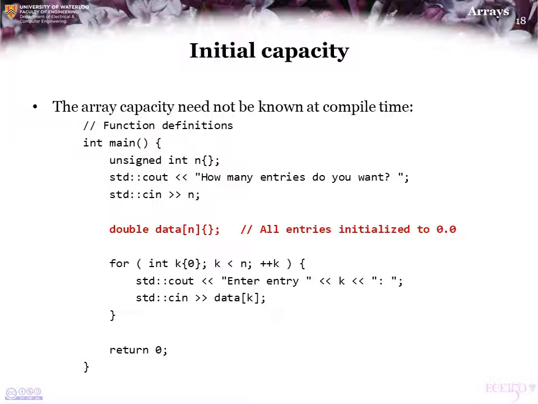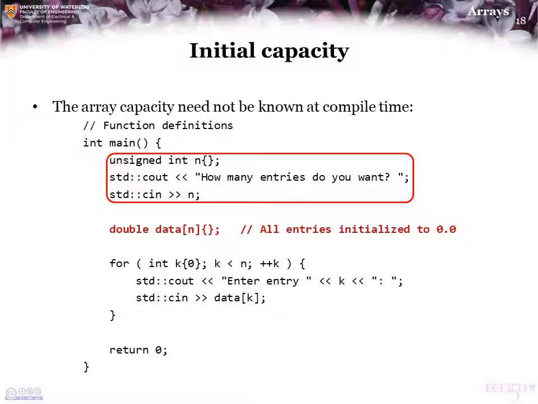Now, one interesting feature is that the array capacity does not need to be known at compile time. Here, we have a program that queries the user for the number of array entries that are required. We should assume that the user is only going to enter a non-negative number, 0 or greater, and therefore our variable is of type unsigned int.